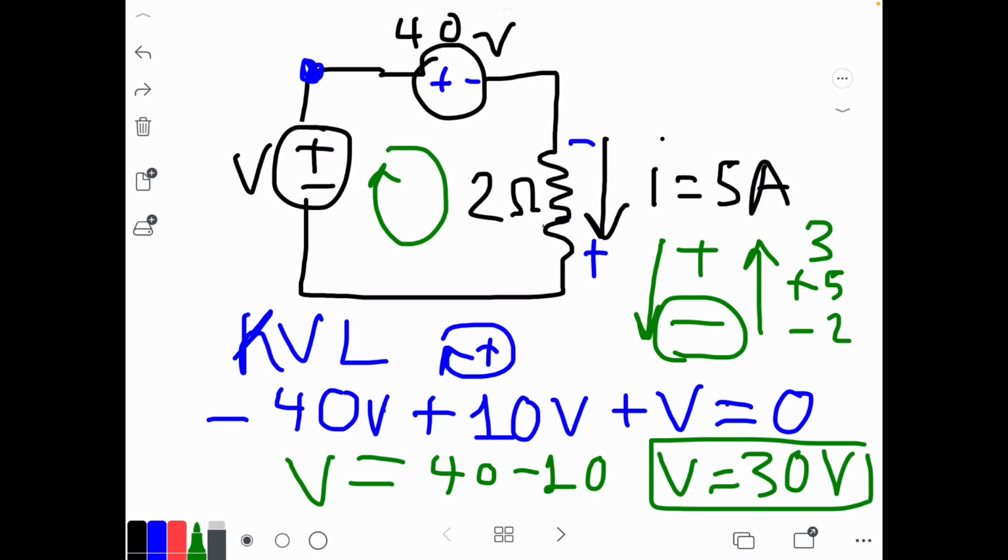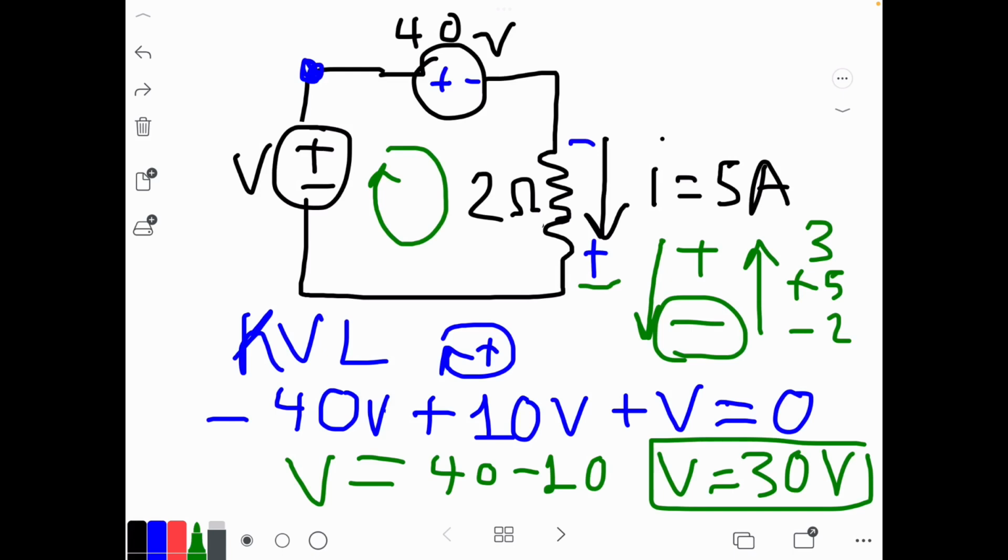Now, how do we know whether the voltage there is going to be positive or negative? If we give it a direction of current, the end the current points toward is going to be positive. The current I have right now is pointing towards the bottom of the resistor, in the direction of my clockwise rotation.